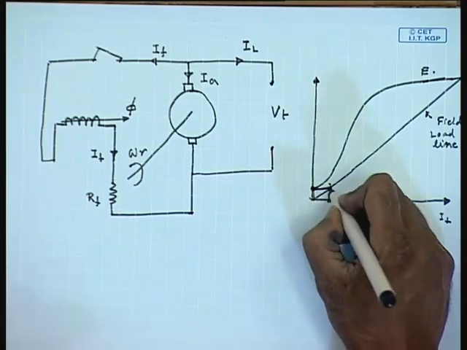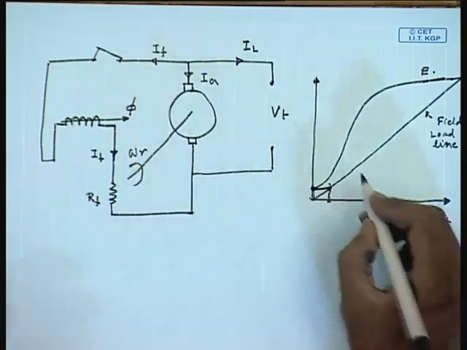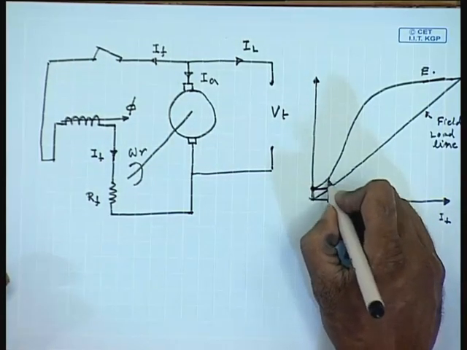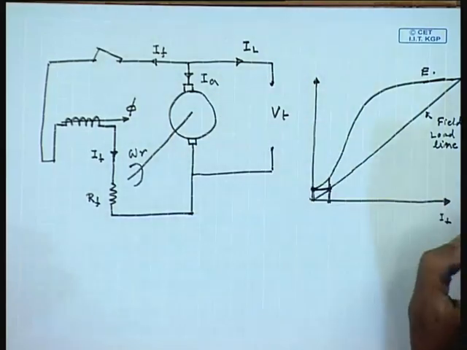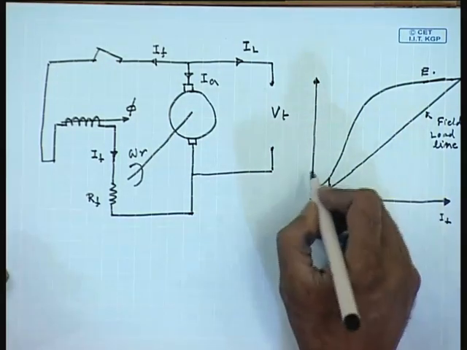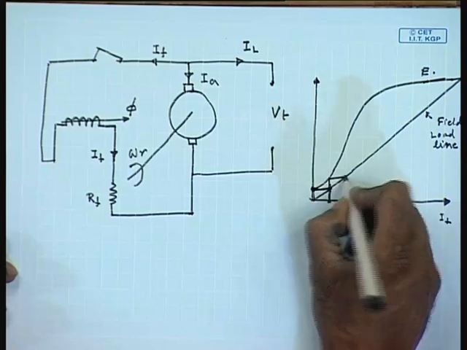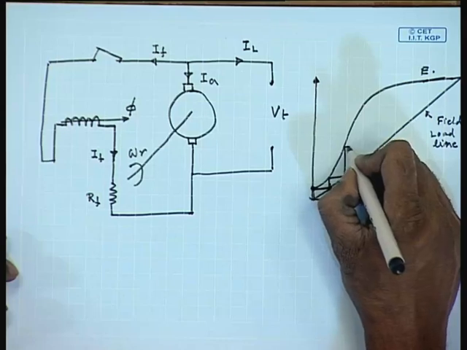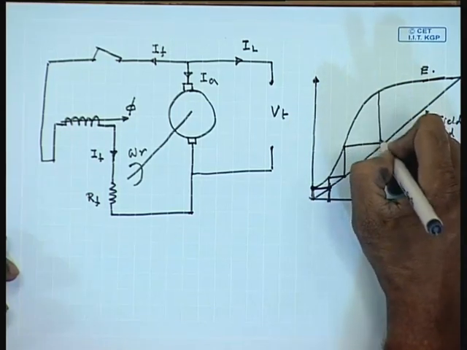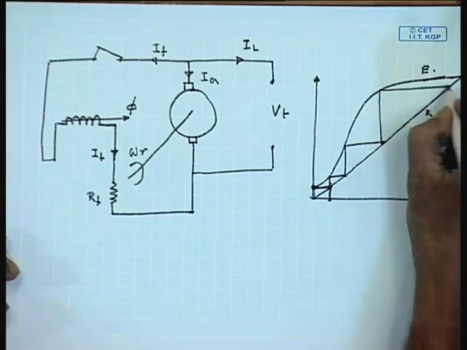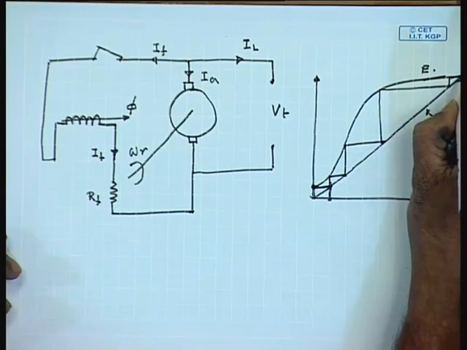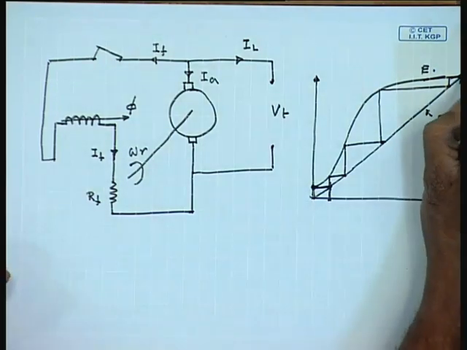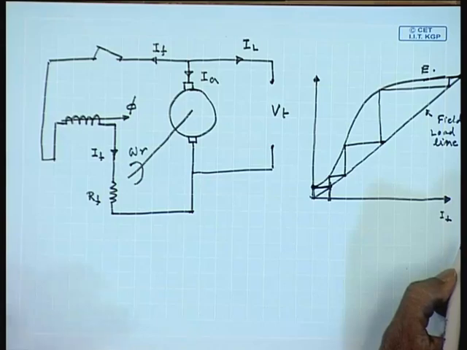However, we see that if this field current flows in such a direction that it aids the residual magnetism, then the induced voltage in the armature will increase, which will then send more field current, which will again increase the induced voltage, and this process will continue till the voltage reaches the intersection point of the field load line with the OCC.